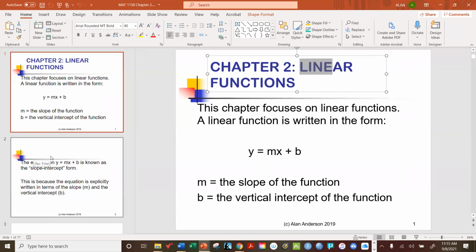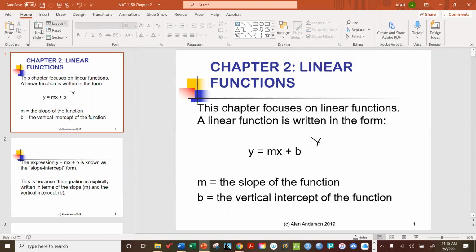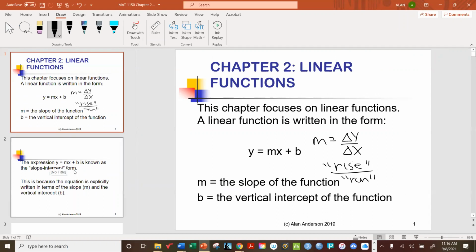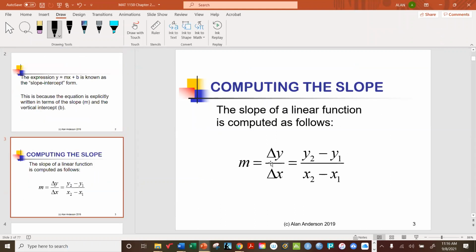Now, formally, as we saw earlier, m itself can be defined as delta y over delta x. You may remember this from high school as the rise over the run. So you're intimately familiar with linear functions. That's good because in the real world, many of our applications are based on linear functions.